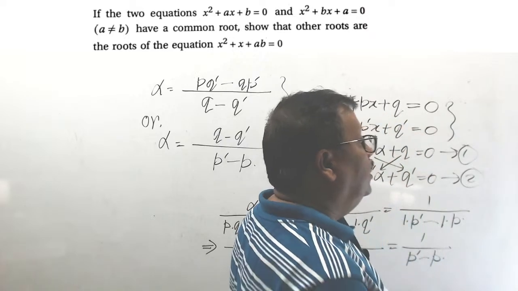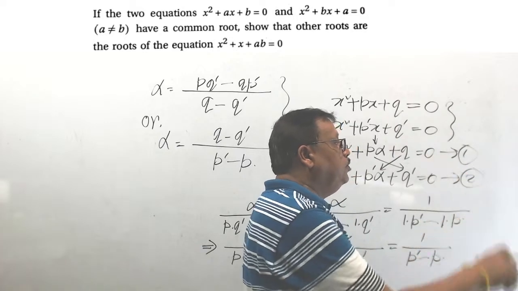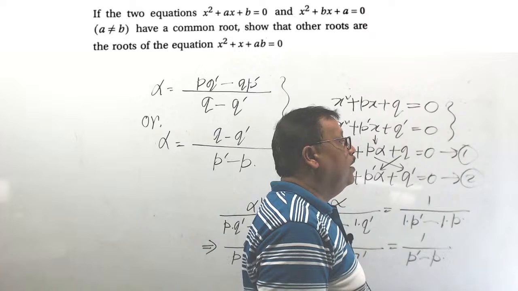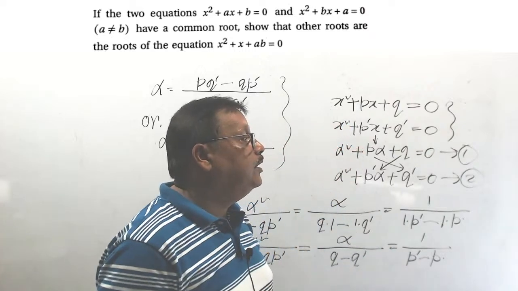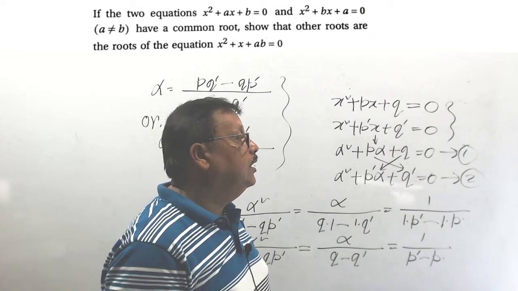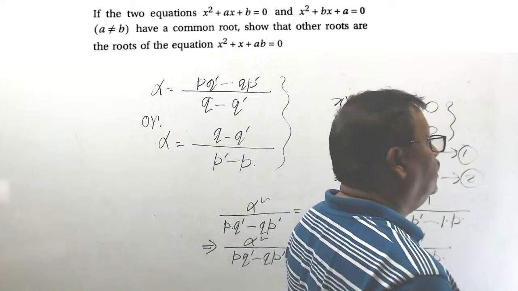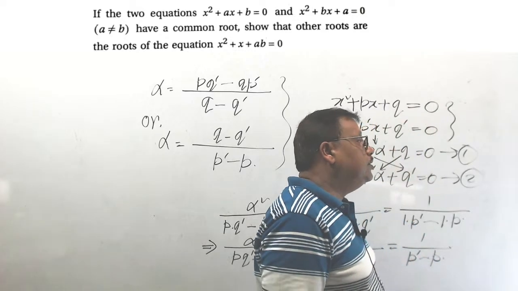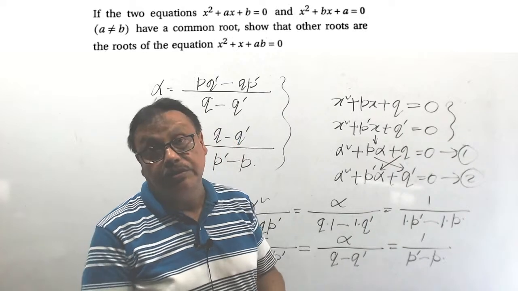If the two equations, this and this, a not equal to b, it is given, have a common root, show that the other roots are the roots of the equation x square plus x plus ab equals to 0.